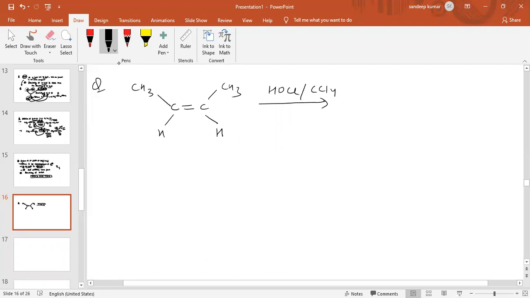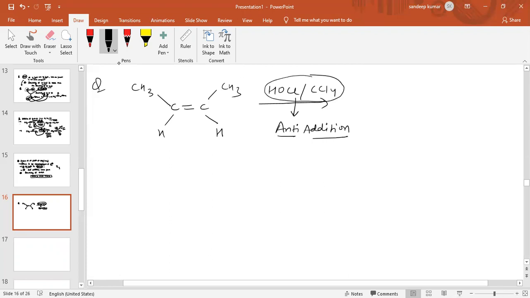As we know, the addition of HOX will follow anti-addition. And this is very simple.